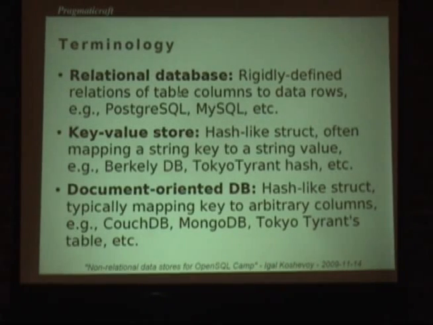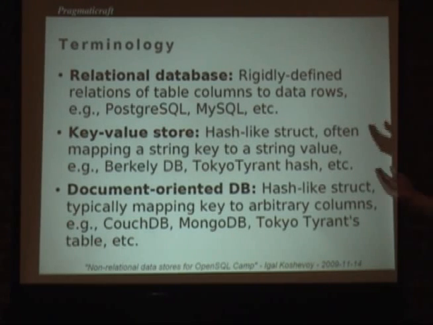So, some terminology. We've got our beloved relational databases, which have been in universities for a long time. The thing that defines these relations is the connection between rigidly defined columns. By contrast, we have key-value stores, which are very simple, like caches, with a single key and a single value.